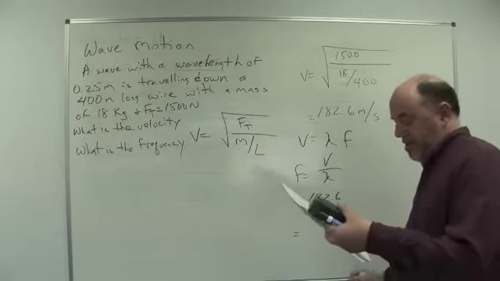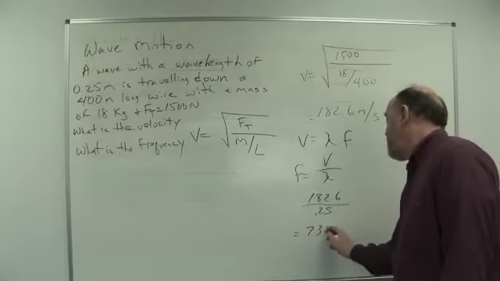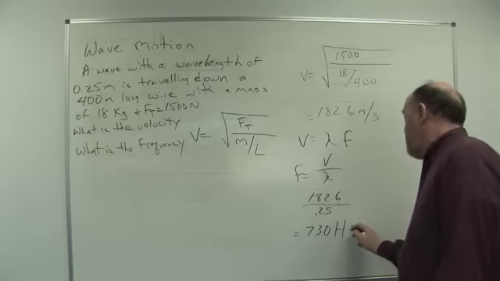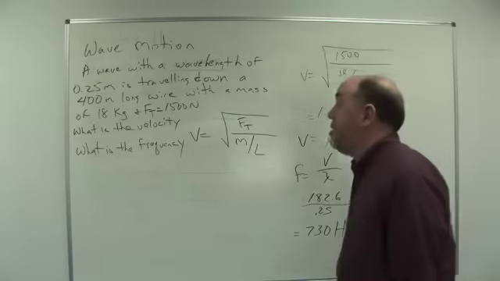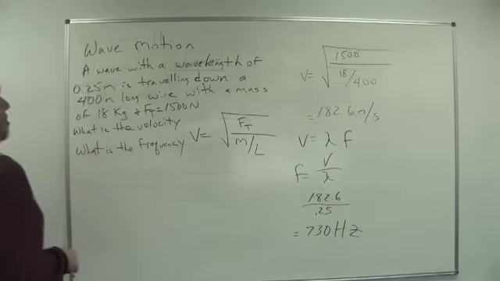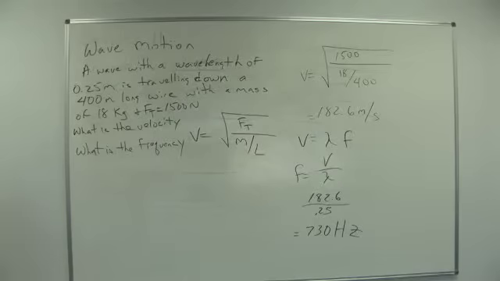And so we get that this number will be 730, and the units on that will be in terms of hertz. So we have that for this wire. We got how fast it's going to be traveling under that tension and the frequency of this particular point.